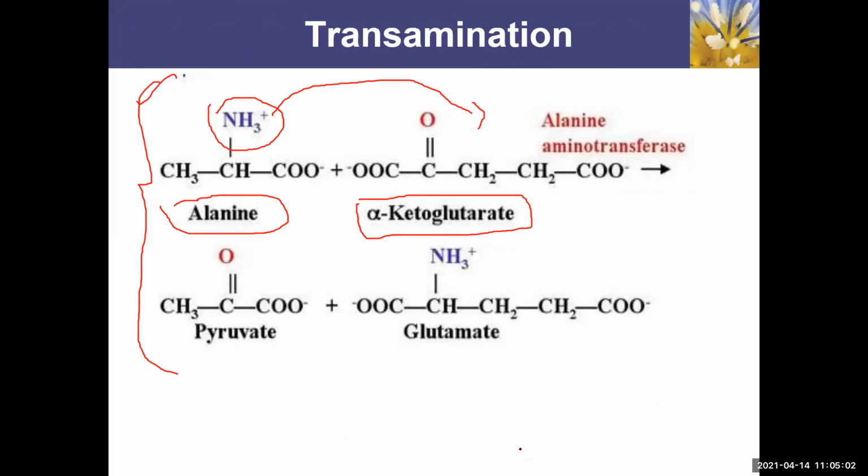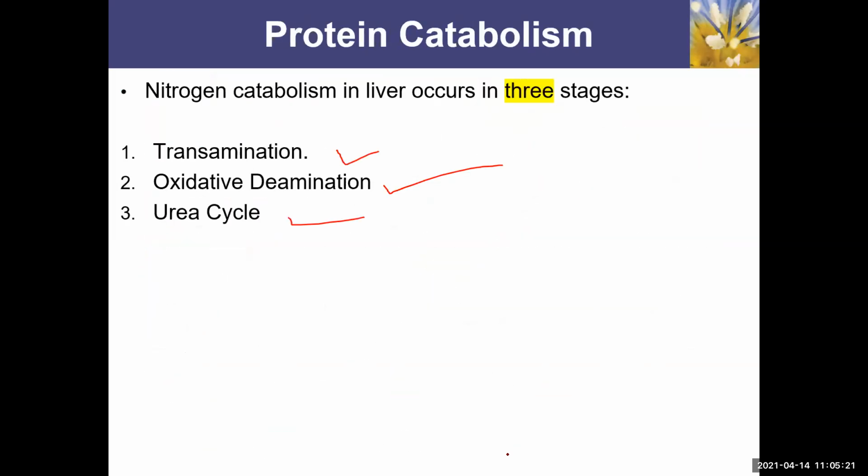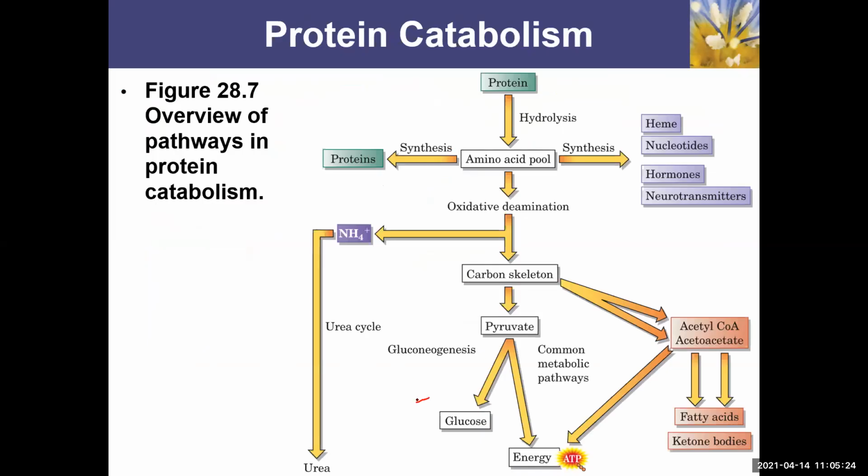So it simply produced the carbon skeleton, and that carbon skeleton enters into the TCA cycle, which can be used for complete oxidation, or it can also be used for gluconeogenesis, where it can be used to produce your glucose from it, as I showed you here. Is it clear to everyone what is transamination? Any question?